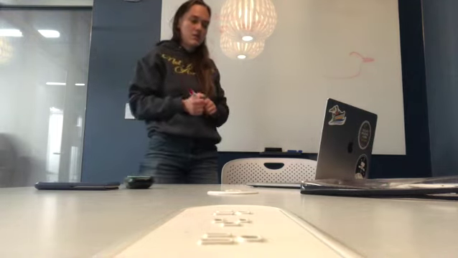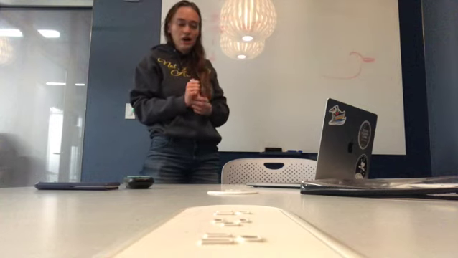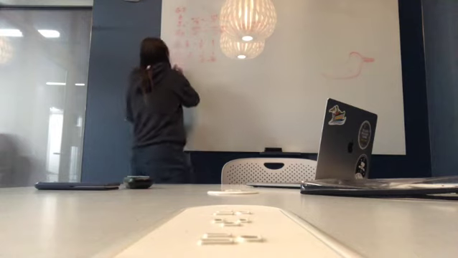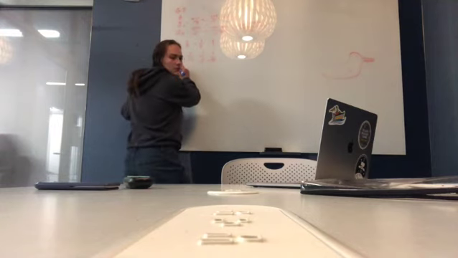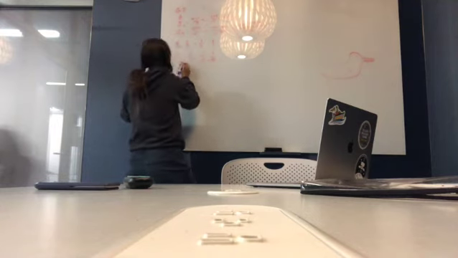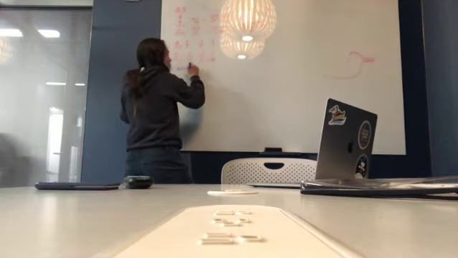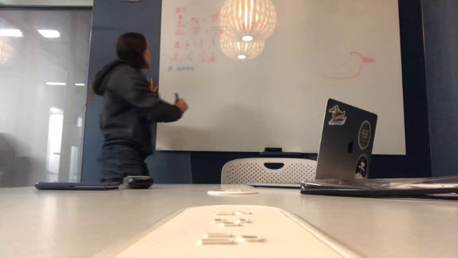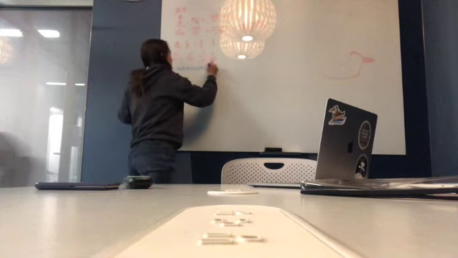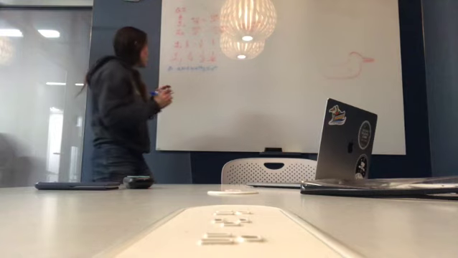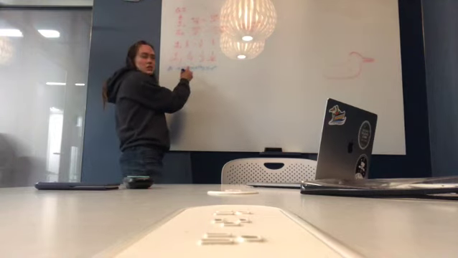B, vector blah is orthogonal to blah. I'll just write it up. So, here's the thing. If we have this plane 2x minus 2y plus 4z equals 8, then by the definition of a plane, the orthogonal vector is going to be the coefficients of these three numbers.